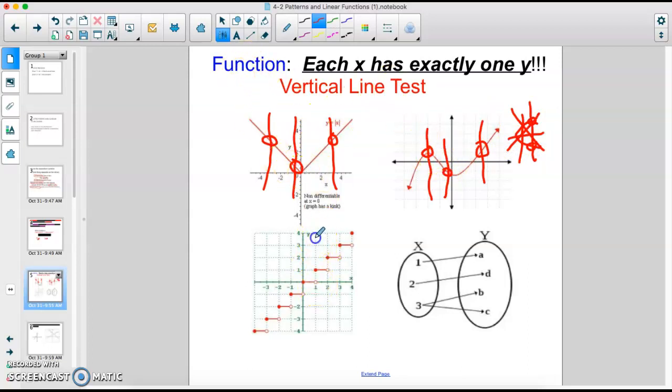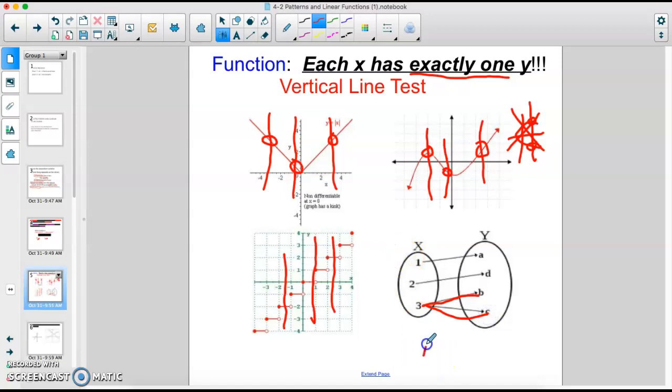This one even works because of the closed dot versus open dot. Open dot says this isn't included. It's up here. And so this actually is a function. It's called a step function. So just some different graphs that pass the vertical line test. Now this one does not work because each x has exactly one y, and here we see that 3 has two y's.